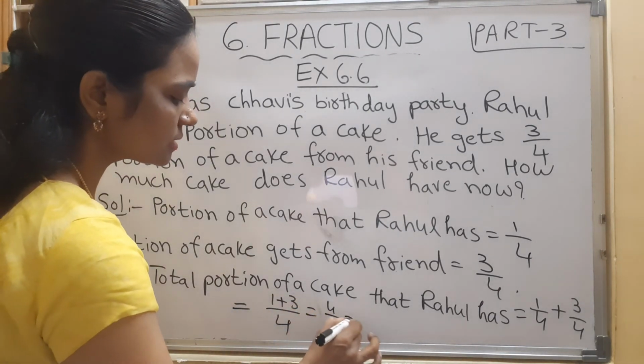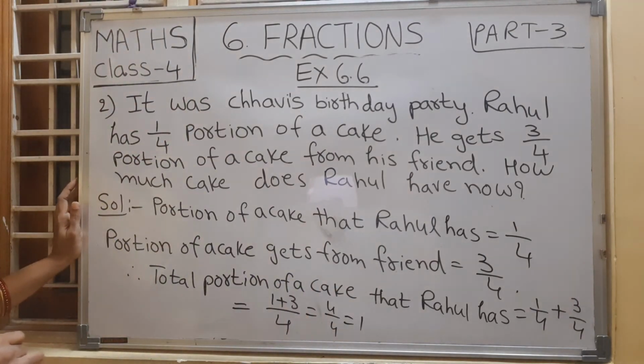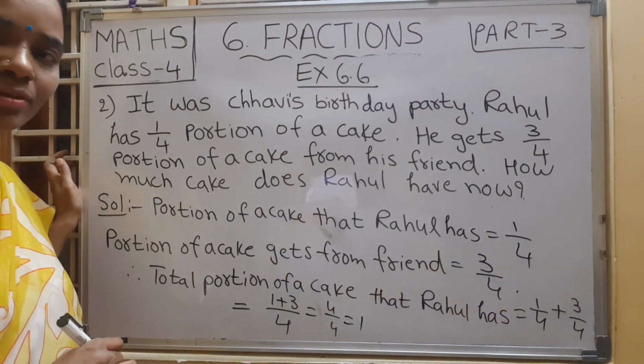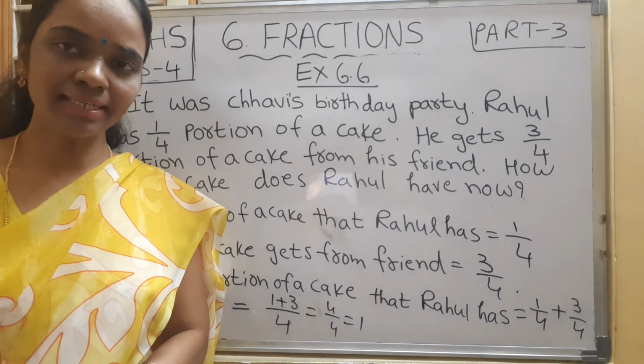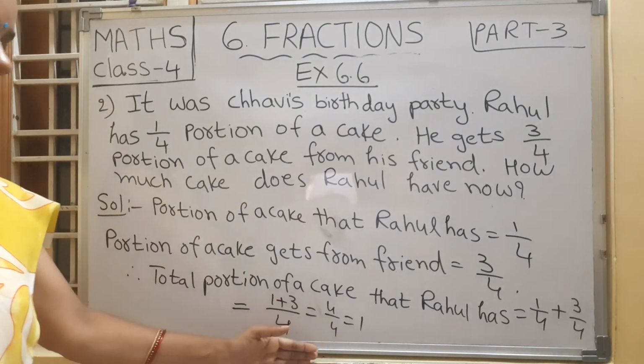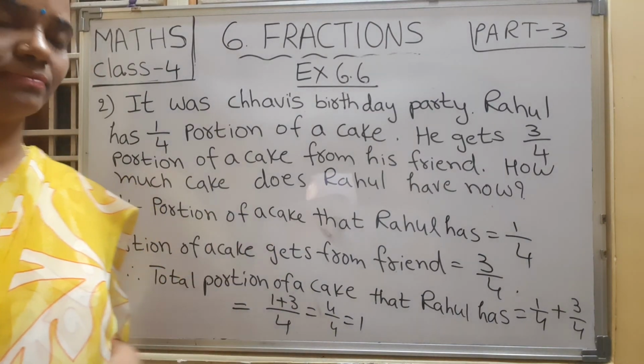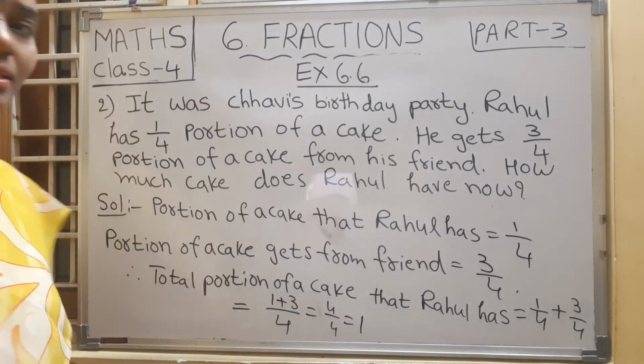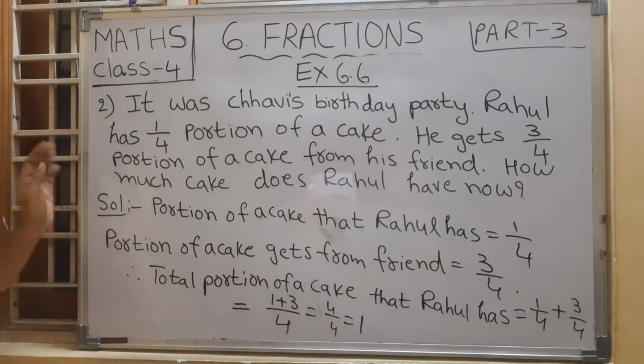4 by 4 is equal to 1. The whole cake he takes. 1 means whole. Okay, children? Note it down.